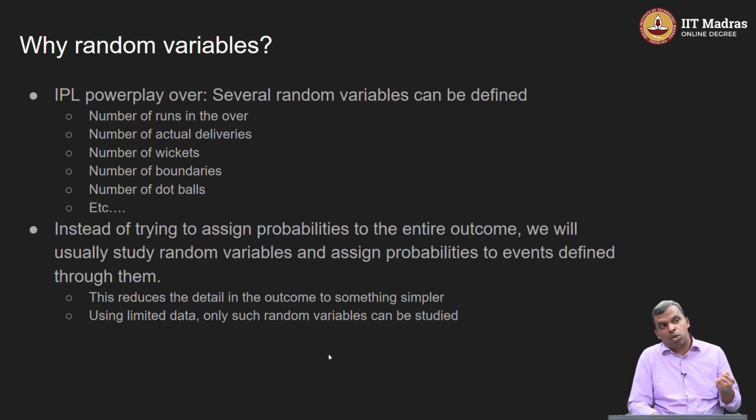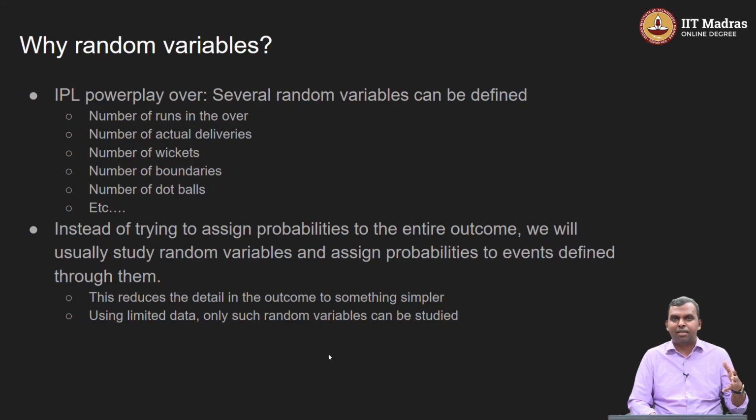When you want to do probability space calculations, you want to assign probabilities to outcomes, and when the outcomes are themselves so complex, it's very hard to assign probability to that whole outcome, right? And then you're thinking of all sorts of complicated stuff. It doesn't work.